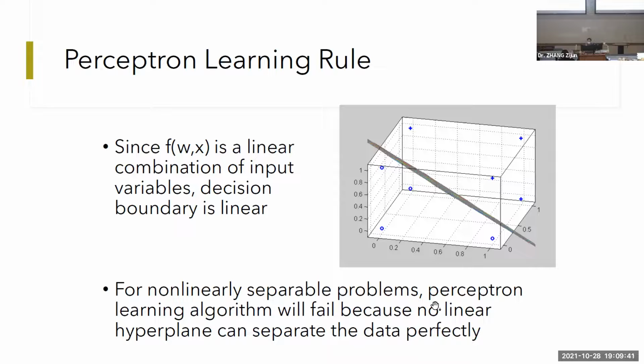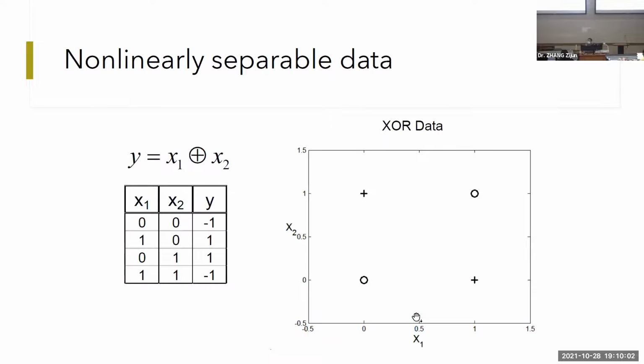So for nonlinearly separable problems, perceptron learning algorithms will fail because no linear hyperplane can separate the data perfectly. Remember, what do we do with support vector machine? If we have nonlinearly separable problems, yes, we use a kernel function. We transfer data to a hyperplane, and we introduce slack variables to tolerate the possible further non-separable cases even after using the kernel to do the transformation.